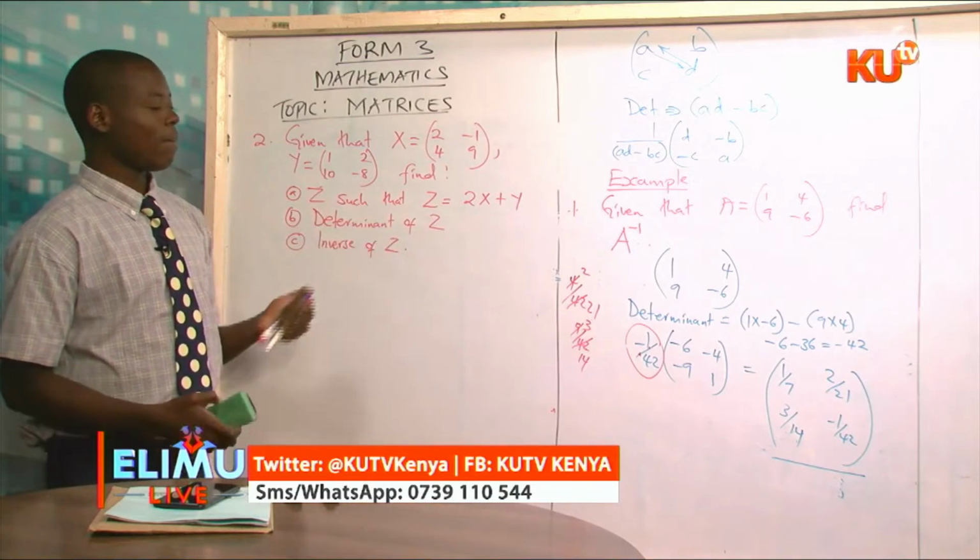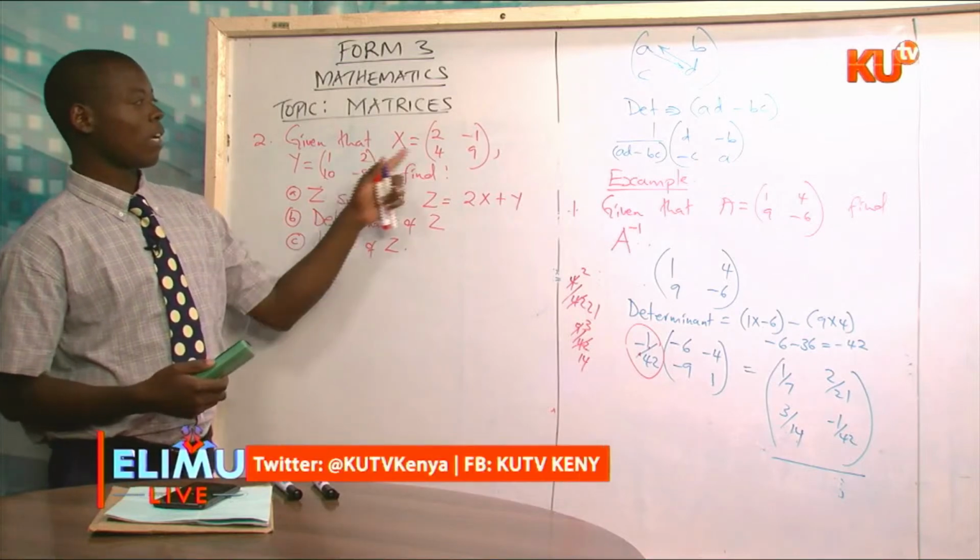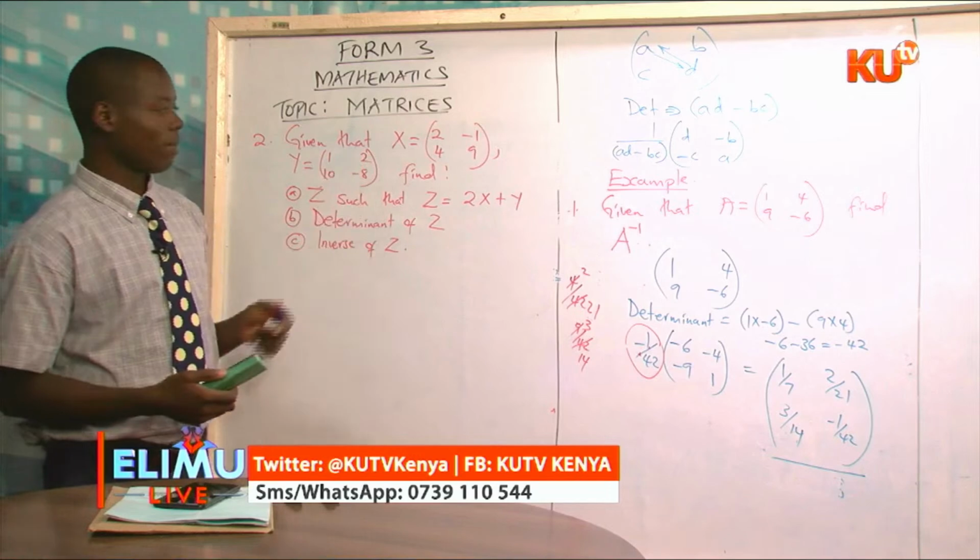How do we determine the determinant of an unknown matrix? By first following the steps that we've been given from the given matrices.